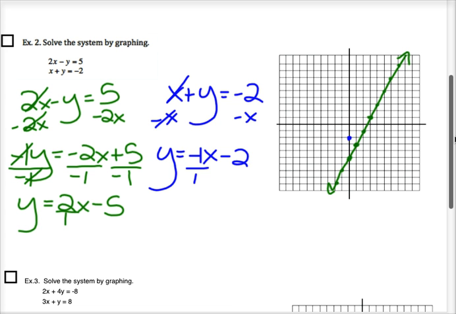So rise of -1, so down 1, run of 1, over 1. Down 1, over 1. And again, collect as many points as possible because you want your lines to be as accurate as possible.